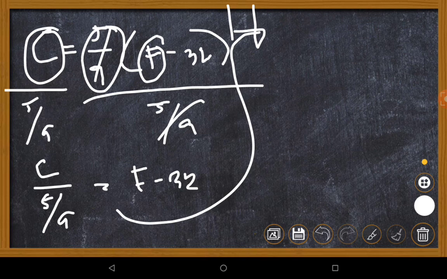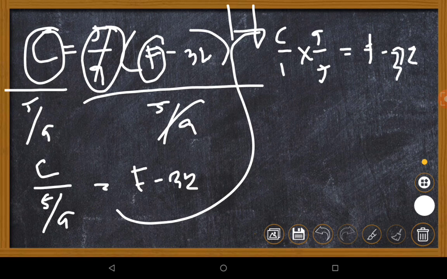So dividing by 5/9, in elaboration, would be C over 1 multiplied by its reciprocal, which is 9/5, equal to Fahrenheit minus 32.